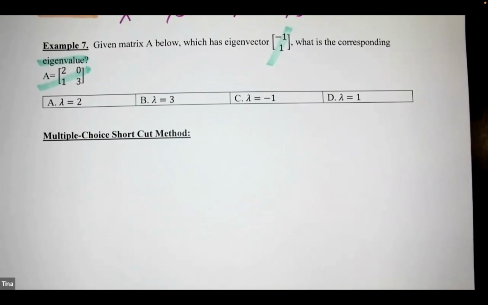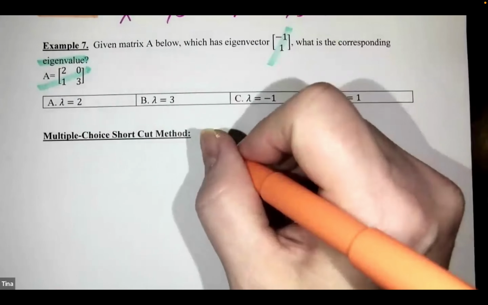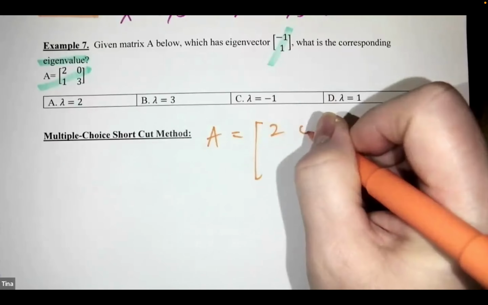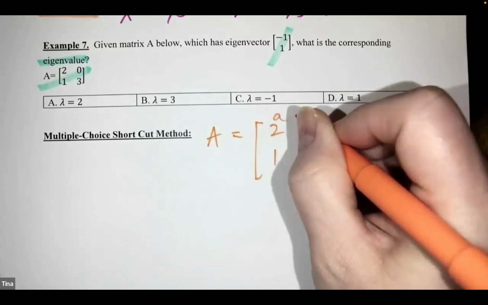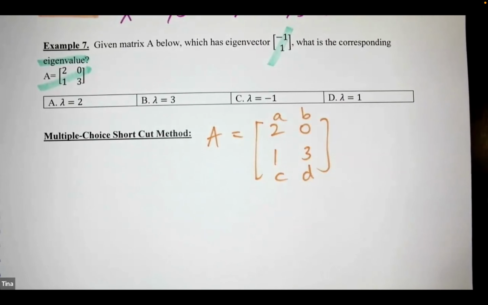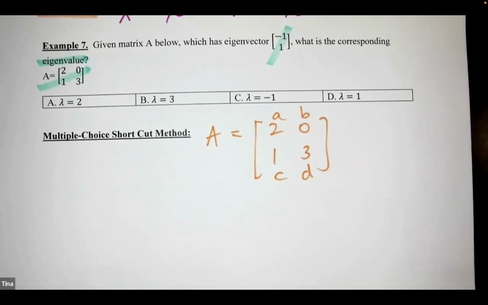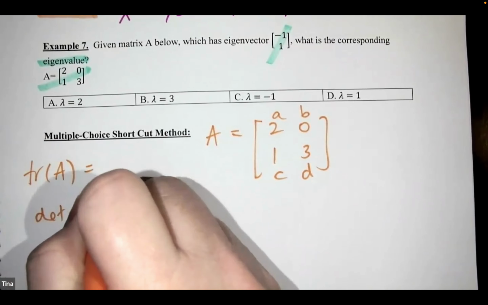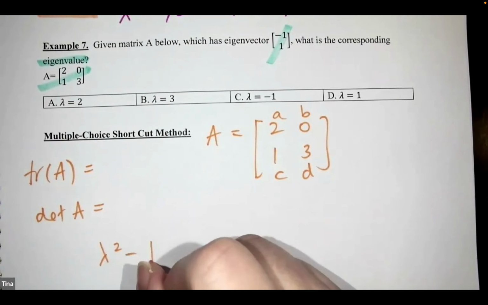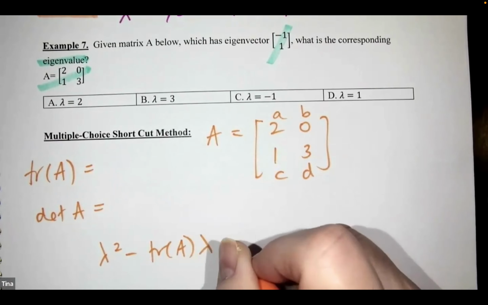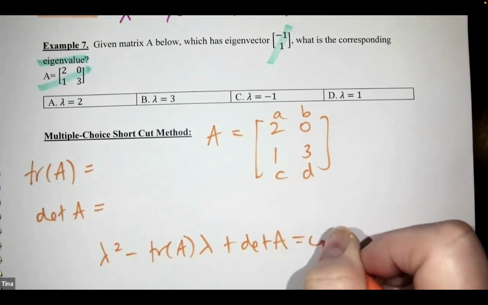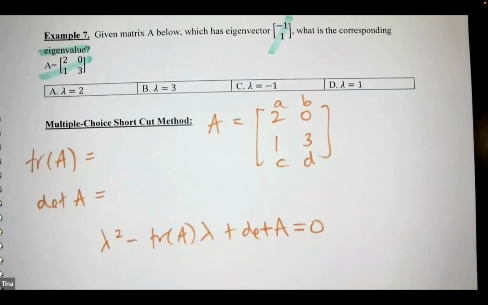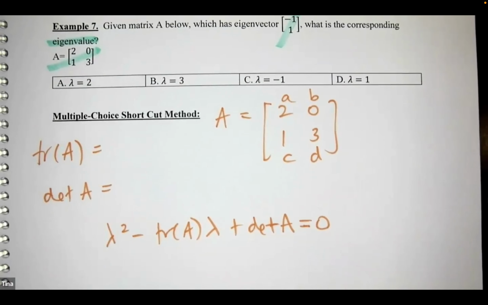So if this is our matrix A, B, C, D, and you like the trace and determinant method, then practice it once here: trace and det, and then the equation. If you don't like it, you can go straight to the long method.